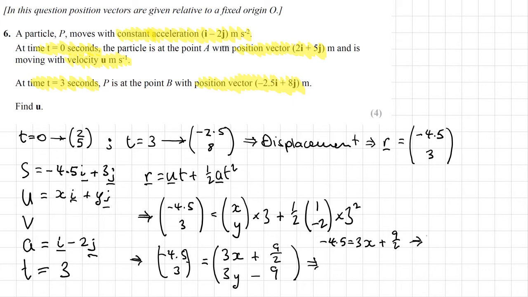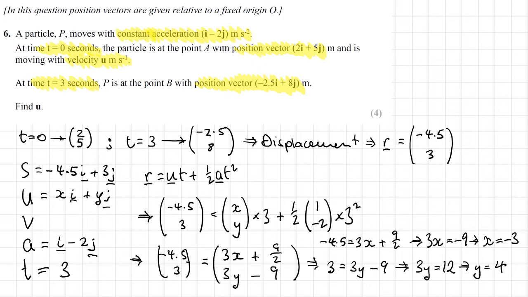So I'll get 3x is equal to negative 9, which means that x is equal to negative 3. Then for the bottom row, I will have 3 is equal to 3y minus 9. I can add 9 to both sides, so I'll get 3y is equal to 12, and that gives y is equal to 4.